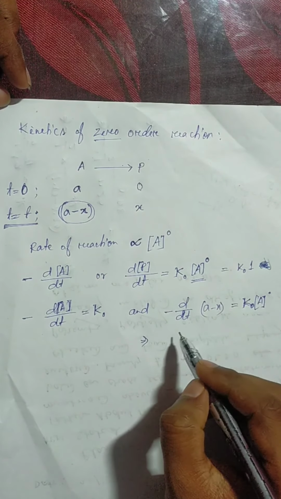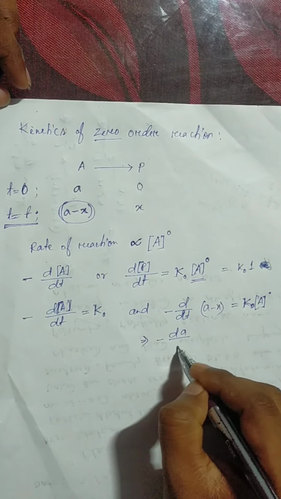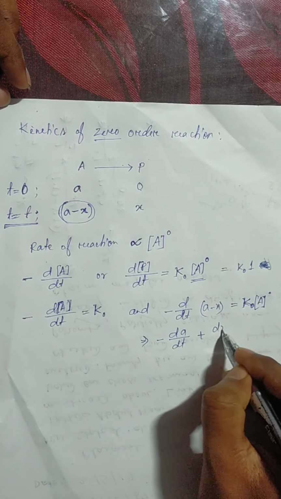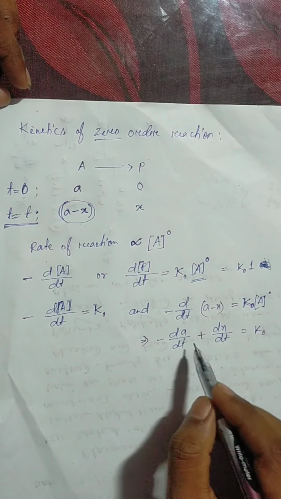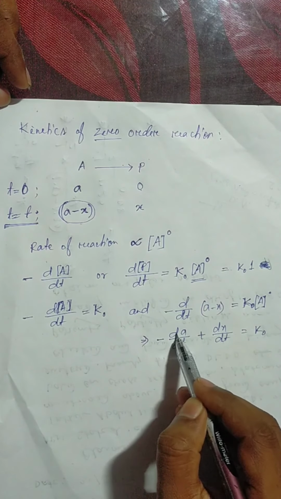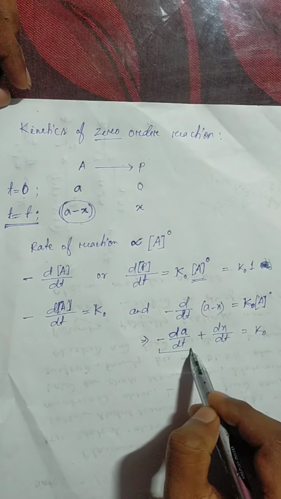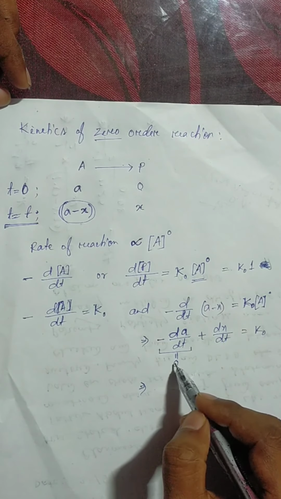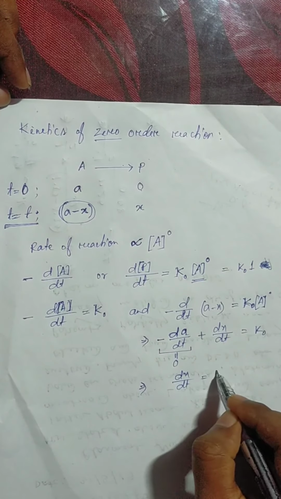So we can write da/dt is minus, or plus dx/dt, equals K naught. As we know, if we differentiate a constant part, then it will be equal to 0. So we will write dx/dt is equal to K naught.